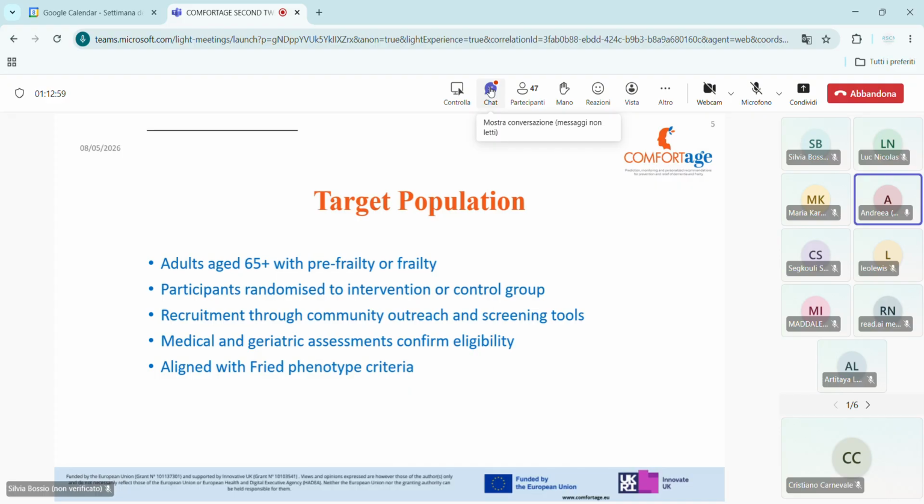Eligibility is confirmed through medical and geriatric assessment at baseline, and it's aligned with the Fried phenotype criteria, after which participants are randomly allocated to either an intervention or a control group. Next slide, please.